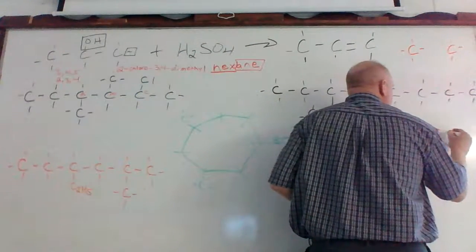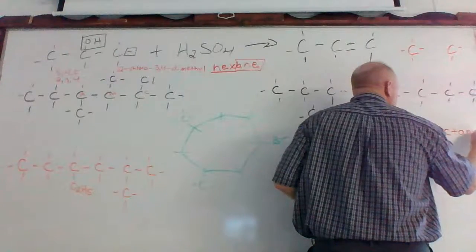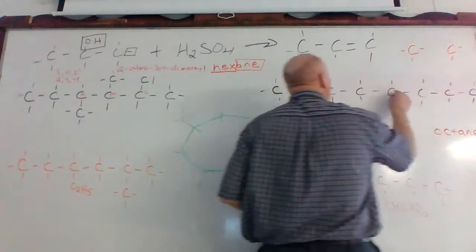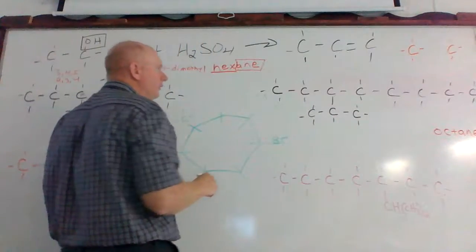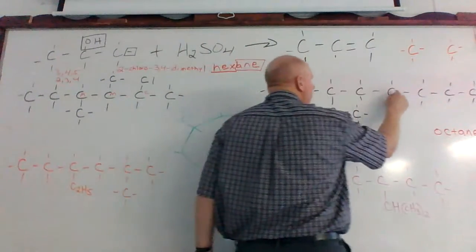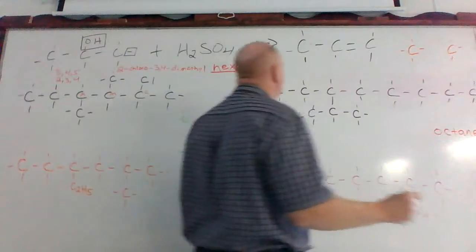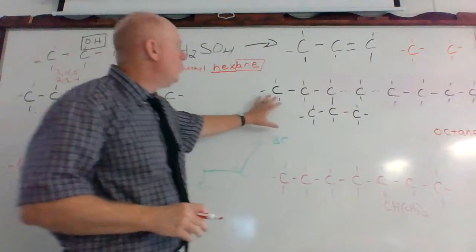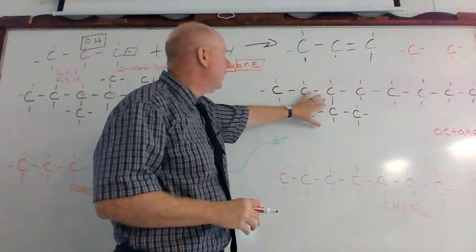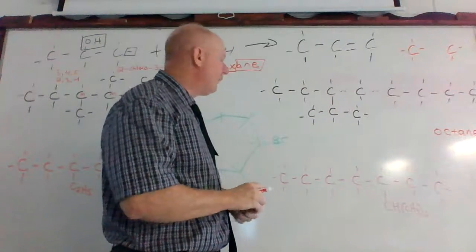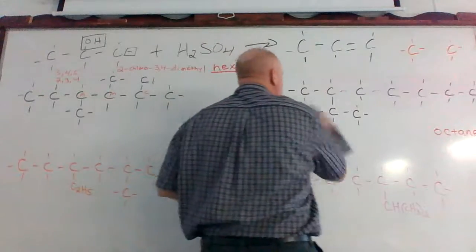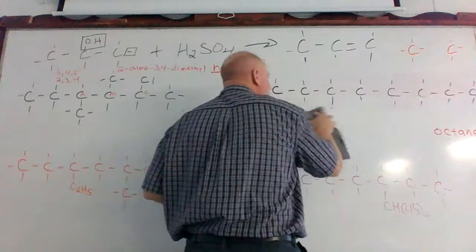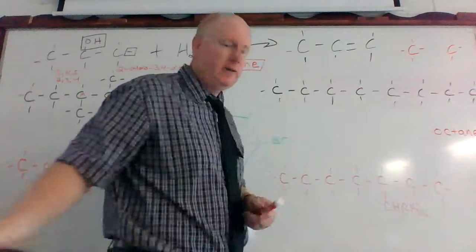I think that's right. 1, 2, 3, 4, 5, 6, 7, 8. And just to double check, 1, 2, 3, 4, 5, 6, 7, 8. We really don't know what to call that.